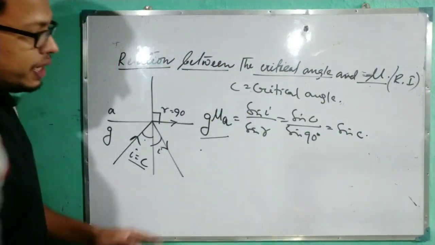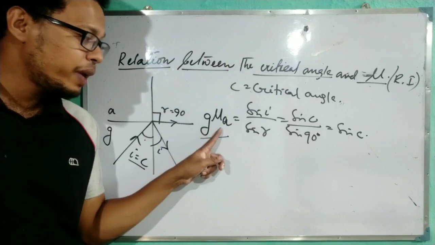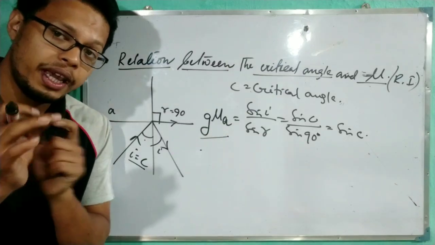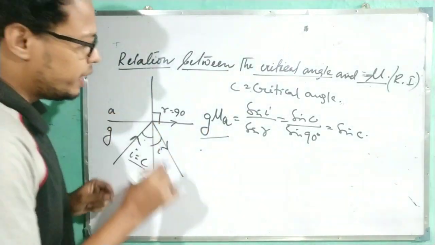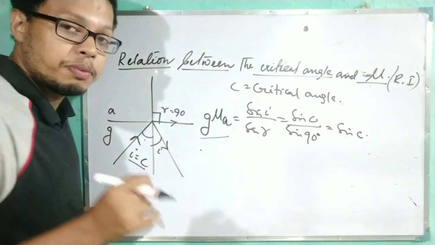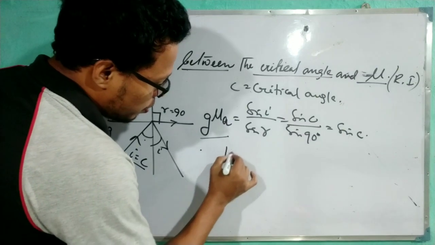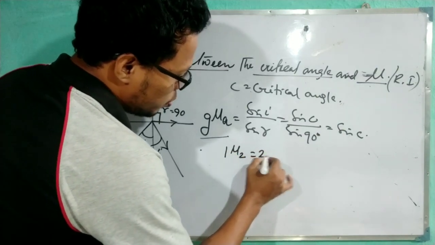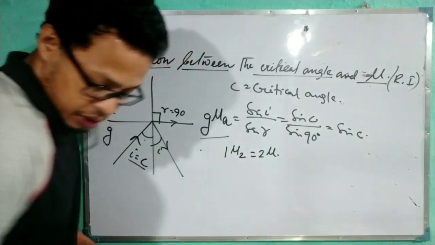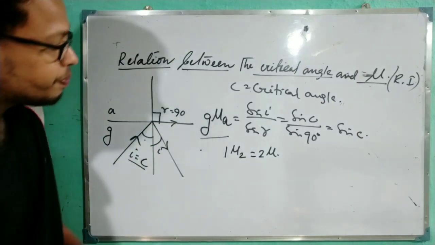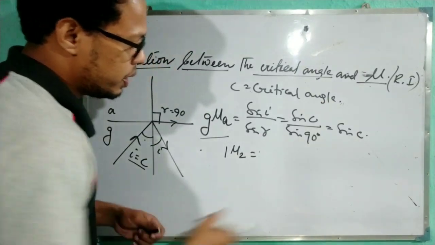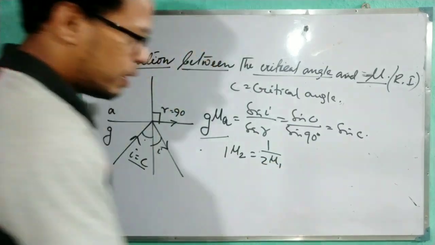Now see here, this G mu A represents the refractive index of air with respect to glass. But we need the refractive index of glass with respect to air. The relation we read is 1 mu 2 equals 1 by 2 mu 1.